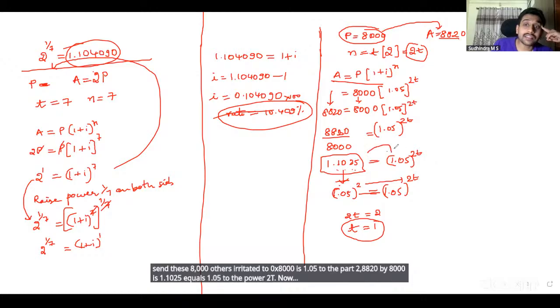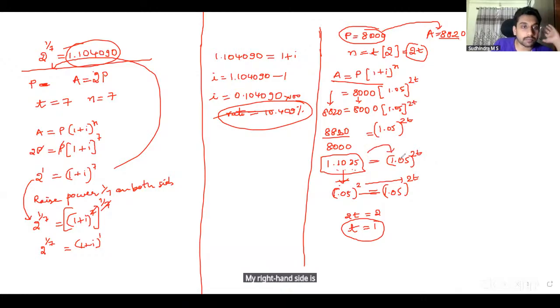Now, my right hand side is 1.05 to the power something. So, if I have to simplify this and get T, which is there in the power, the only way I can do it is to equate the base so that the powers are equal. So how do I equate the base? 1.1025 should be written as 1.05 to the power something.